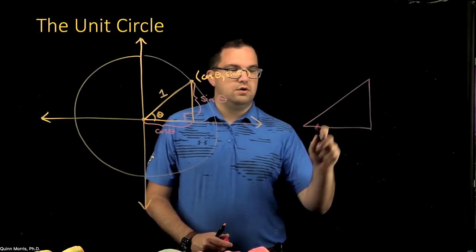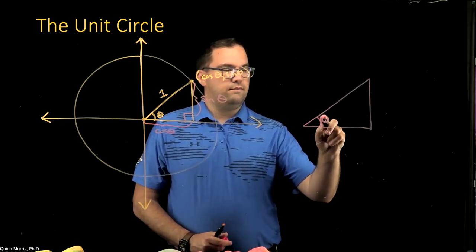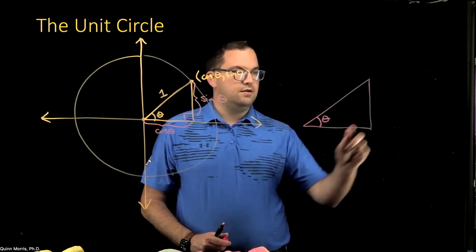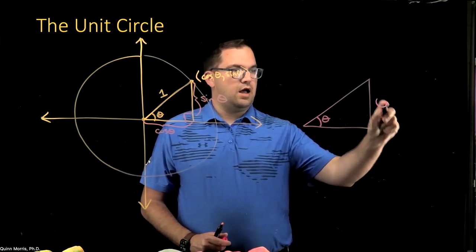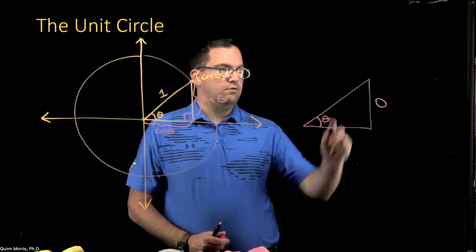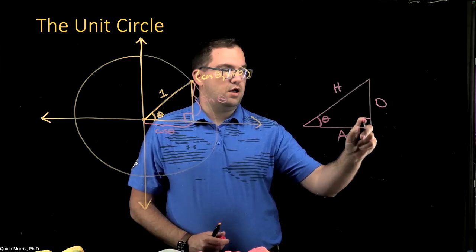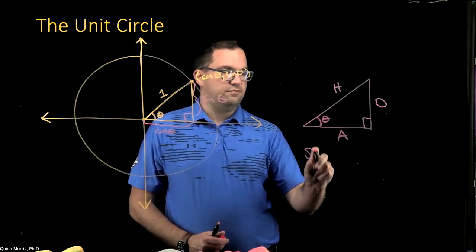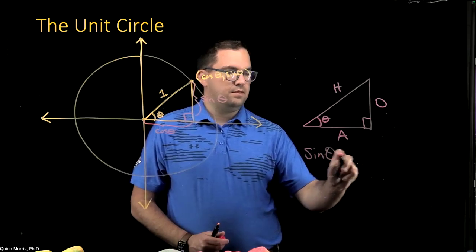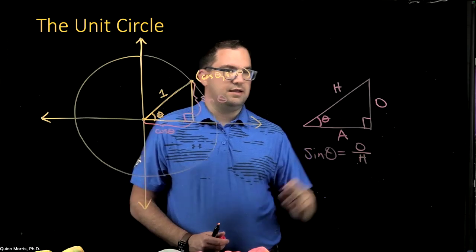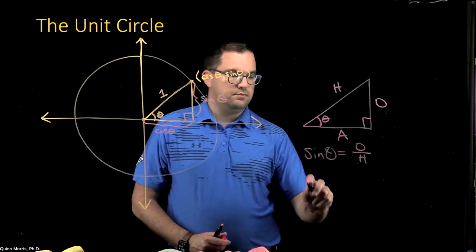So when we think about a right triangle, one way we may also want to think about sine of theta and cosine of theta is this: if I think about the side opposite an angle, the side adjacent to that angle, and the hypotenuse of this right triangle, then sine of theta is the ratio of the length of the opposite side to the length of the hypotenuse.